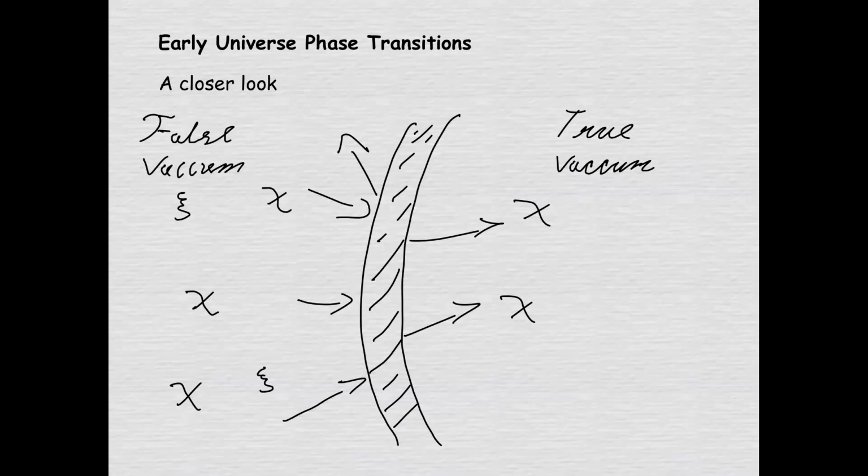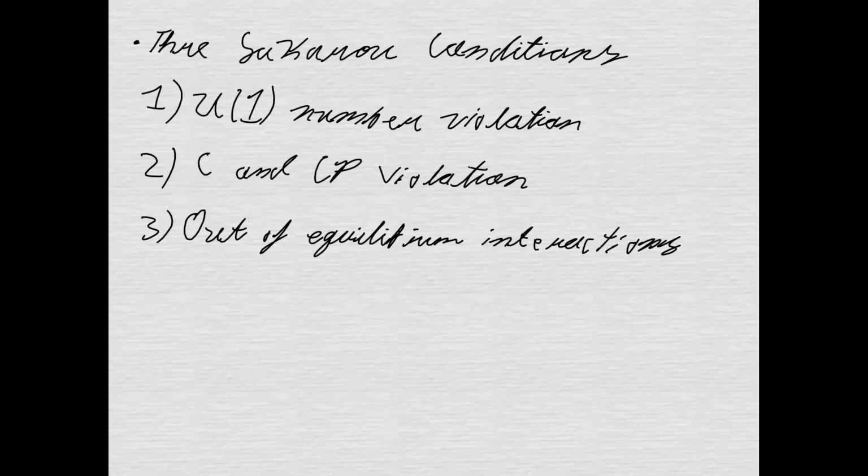Some of them may go through to the true vacuum, some of them may not. Once they are trapped in this false vacuum, the universe expands, it pulls down, and there is absolutely no way for these fermions or particles to get out of this false vacuum. That's the idea of this phenomenon.